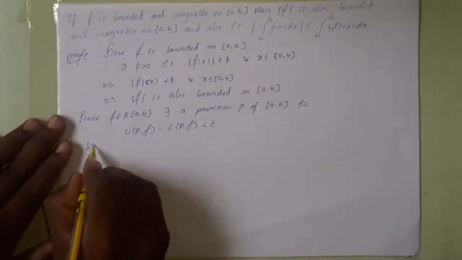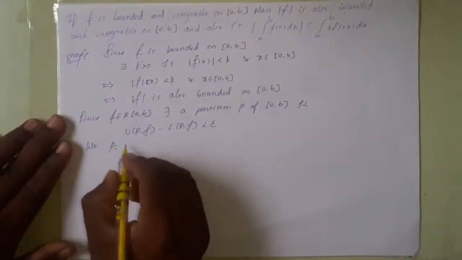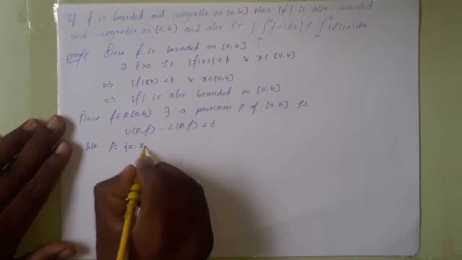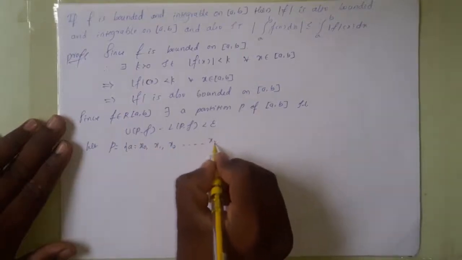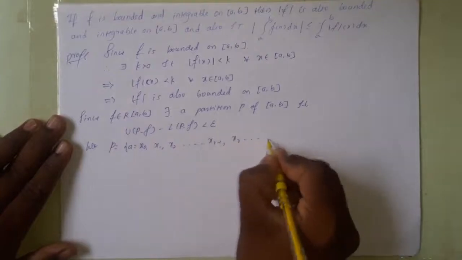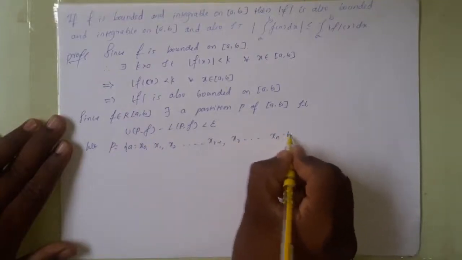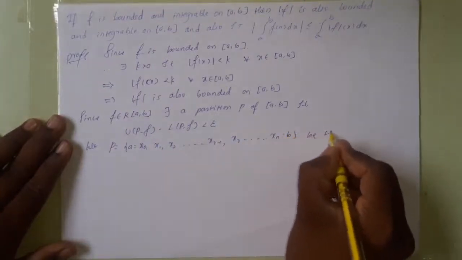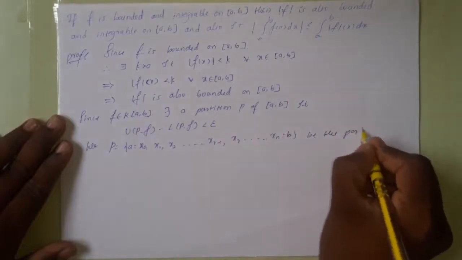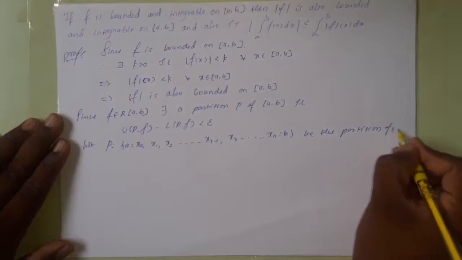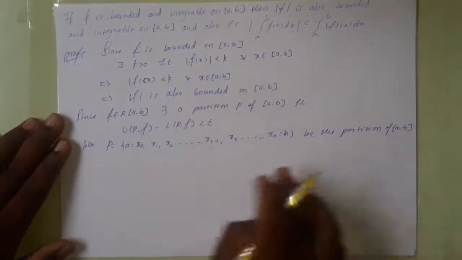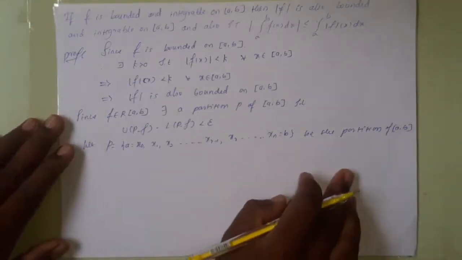Let P = {a = x0, x1, x2, and so on up to x(r-1), xr, up to xn = b} be a partition of the closed interval [a, b]. So, this is the partition of [a, b].